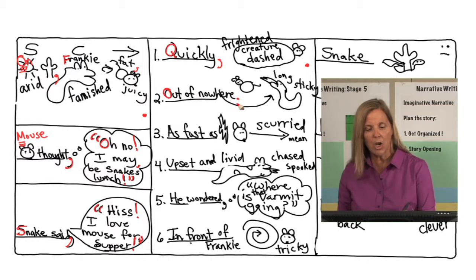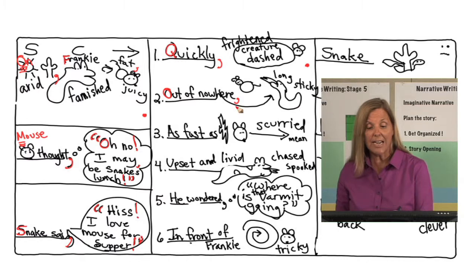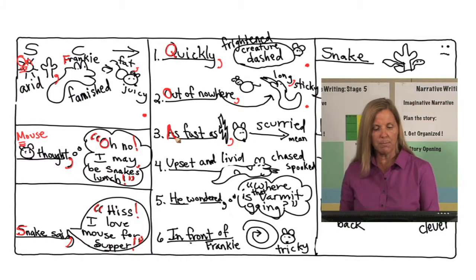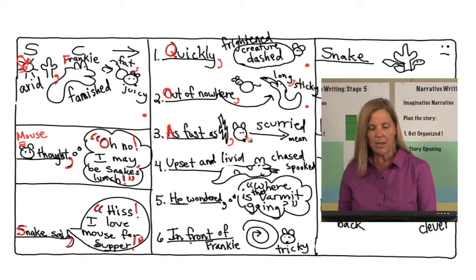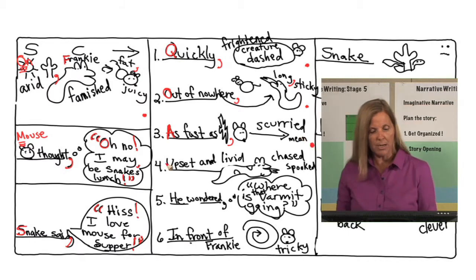Out of nowhere, comma, Snake's long, sticky tongue popped out of his head towards mouse, period. As fast as lightning, comma, there's my capital. The mouse, the little creature, scurried away from the mean reptile, period.